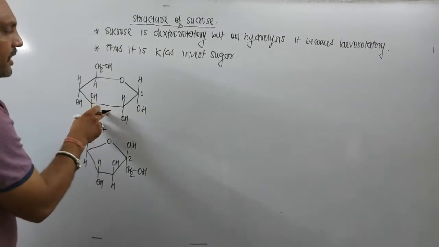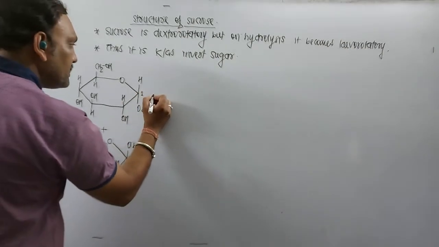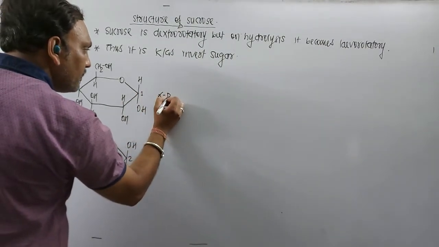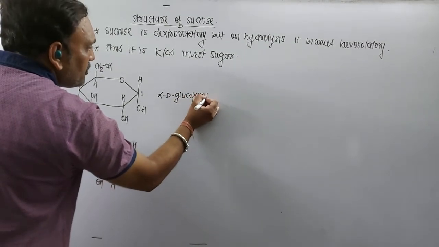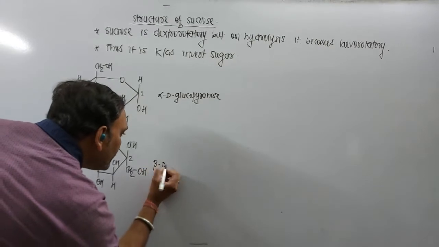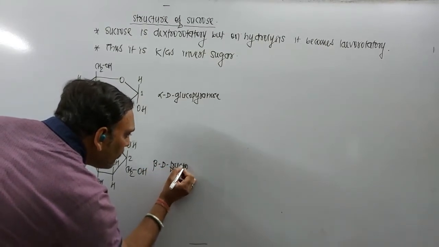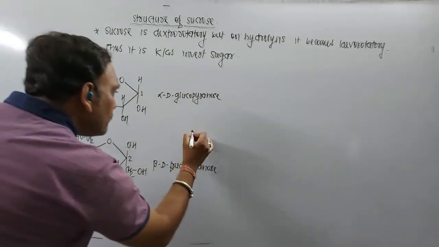This is the alpha D glucopyranose ring, and this is the beta D fructofuranose ring. Now exactly what happens?